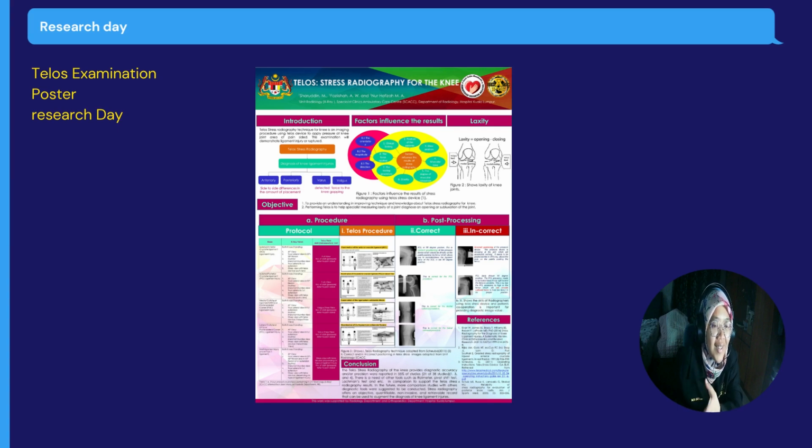We can also share in a poster guideline, so that other radiographers can refer to the protocol and procedure on how to perform special examinations, which are very rare, ordered by the specialist.